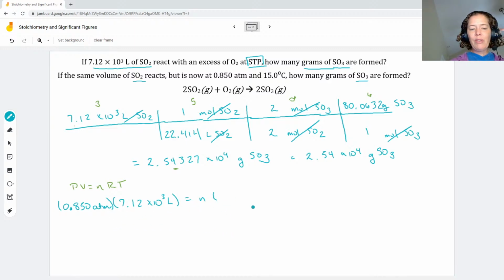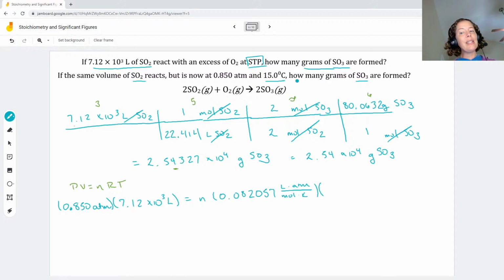Okay, so we have atmospheres and liters, and of course we've got moles is 0.082057, and that is liter atmosphere over mole K, which leads us to a little bit of a problem with temperature, right? Because this is in Kelvin, but we were given our temperature in Celsius.